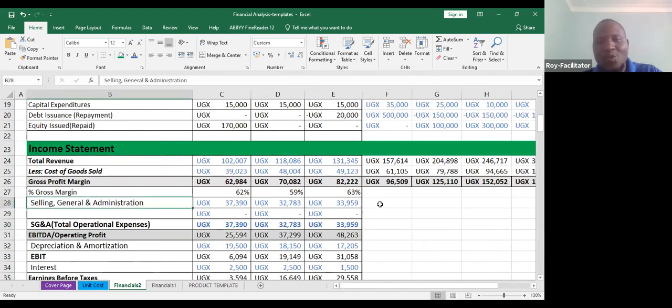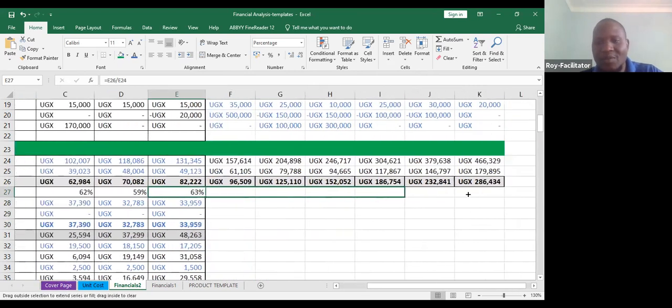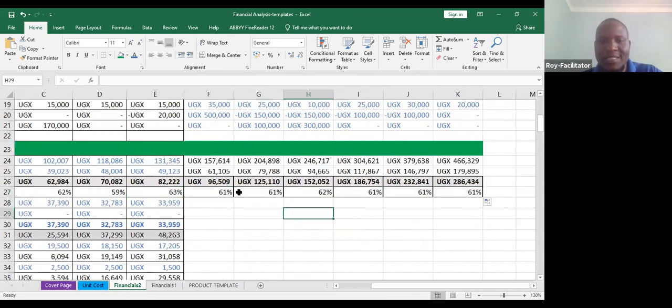Selling, general, and administration. I'll also project the gross margin percentage because the formula is already there, and as you can see, it is indicating the gross margin will grow by 61%. I'll just leave it at that. Now I'm going to pick the selling general and administration.